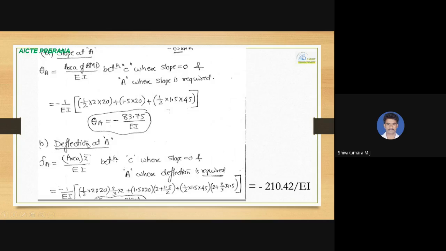And when it comes to deflection, we'll have to take the moment of individual areas. This remains the same: half into 20, 2 into 20, 1.5 into 20.